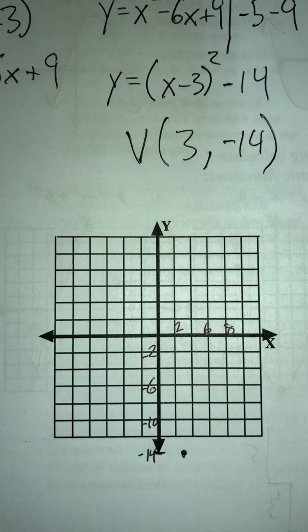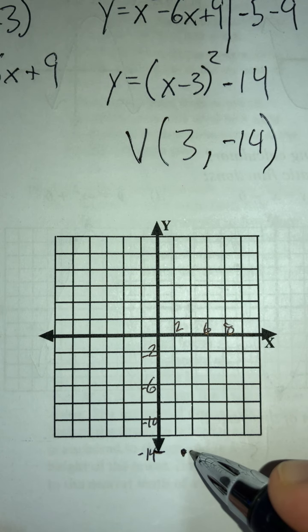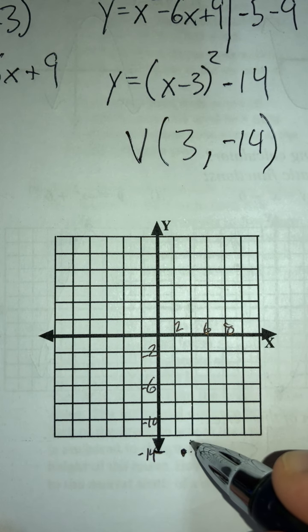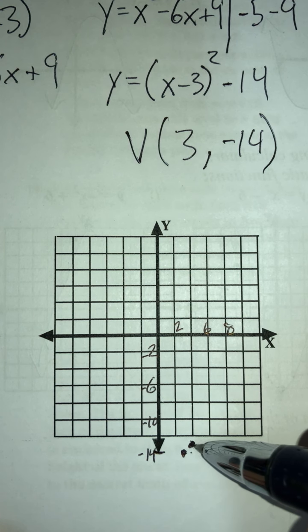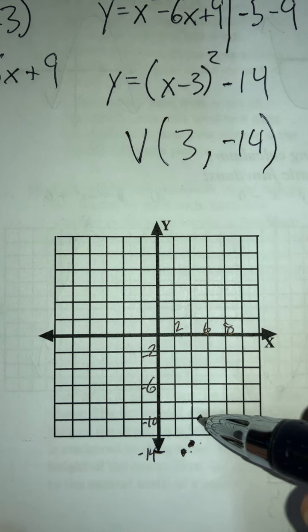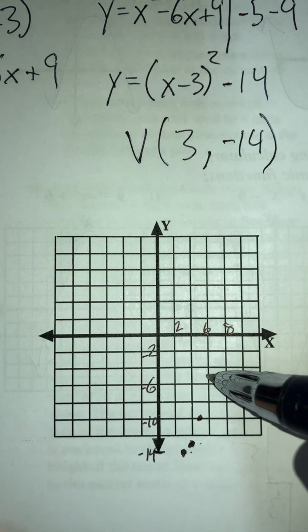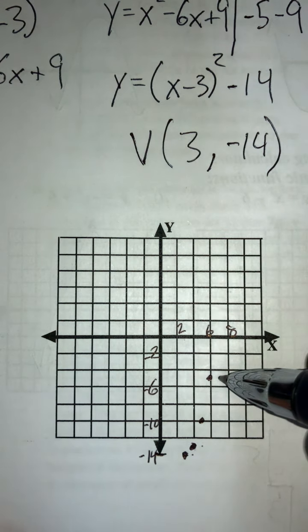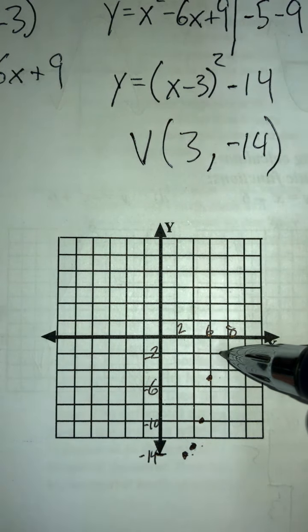So again, my rule is go out 1, up by 1. So here's my vertex. I go out 1, I go up by 1. Now we're using half boxes here, so it's a little bit hard to see that. I'm going to go out by 1, up by 3. 1, 2, 3. Out by 1, up by 5. 1, 2, 3, 4, 5. Out by 1, up 1, 2, 3, 4, 5, 6, 7, and so on and so forth.